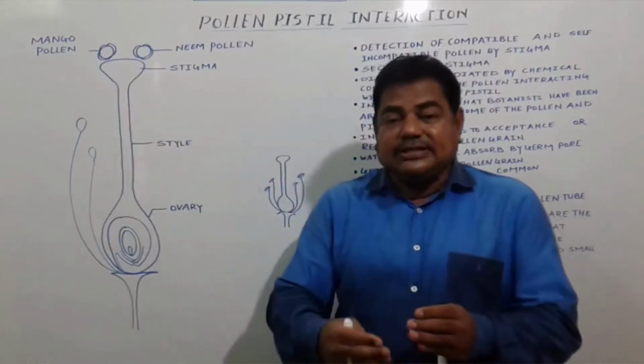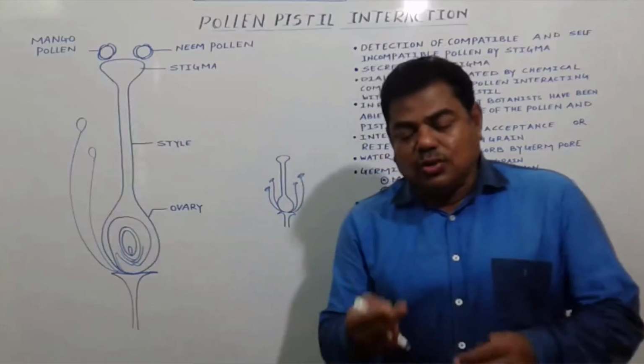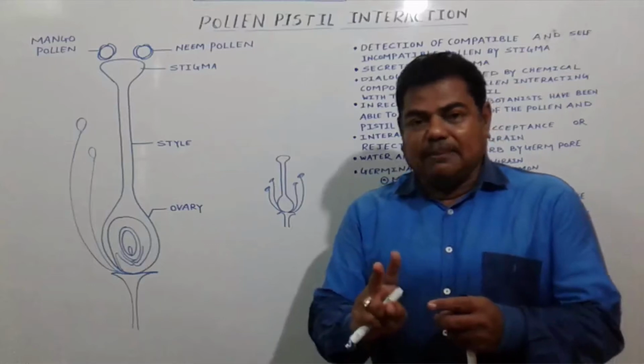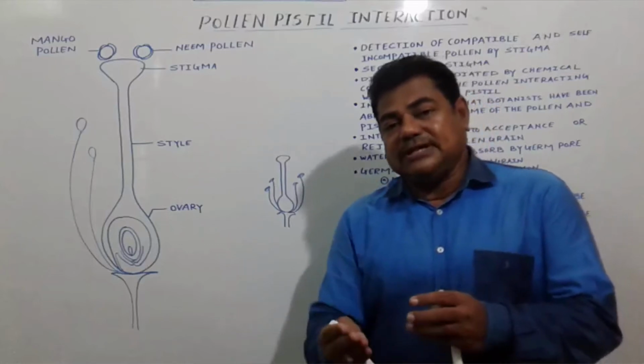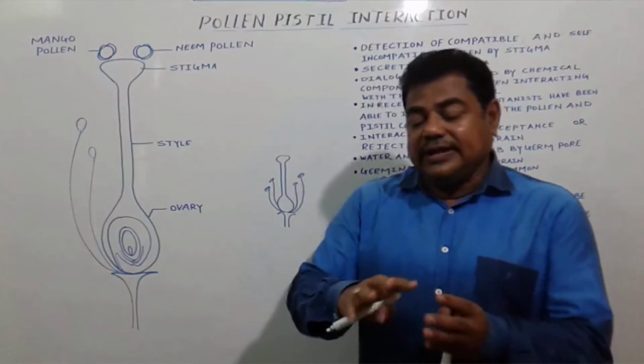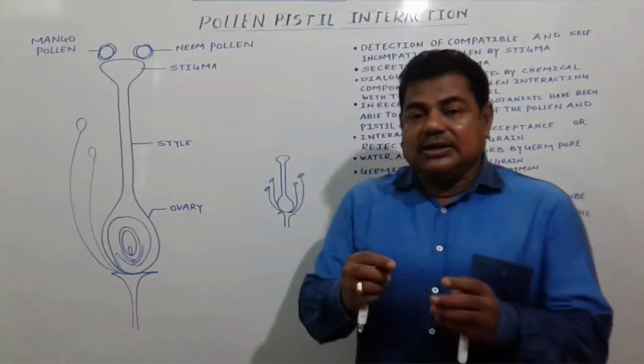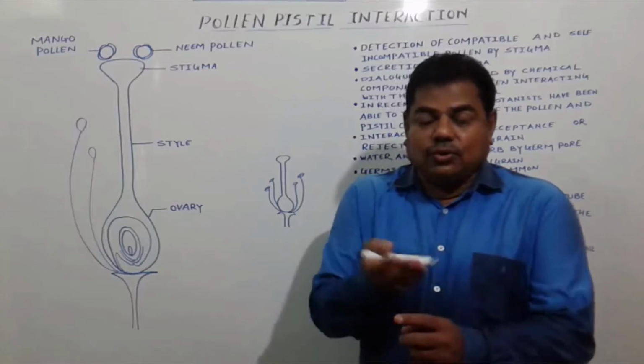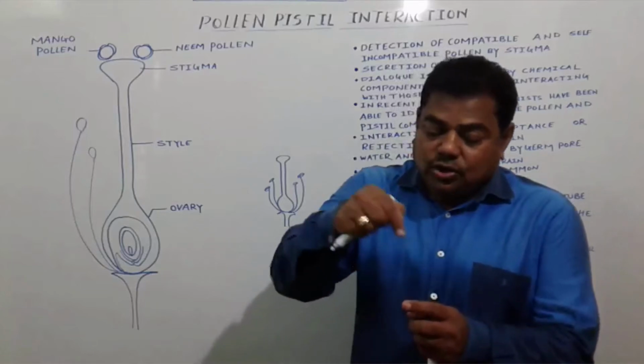In some cases it is bicarpellary. Bi means two and carpel means a leaf, so two carpels, bicarpellary. In some cases tricarpellary. In case of a tomato, it is tetracarpellary. When we cut the tomato fruit, it shows four locules, 1, 2, 3, 4.